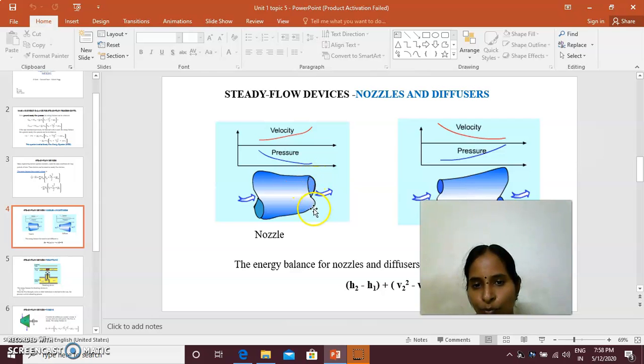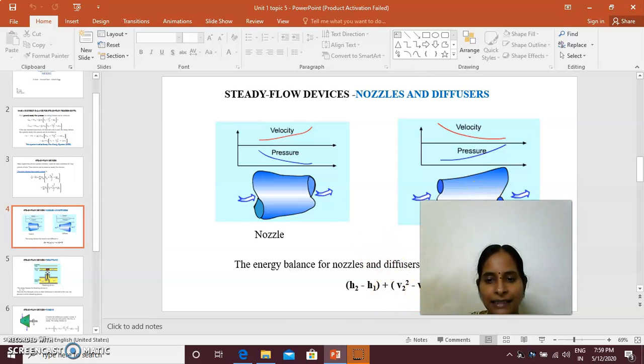In a water tube through which water flows, if you block the outlet, automatically the velocity of the water will increase. The opposite case happens in the diffuser.